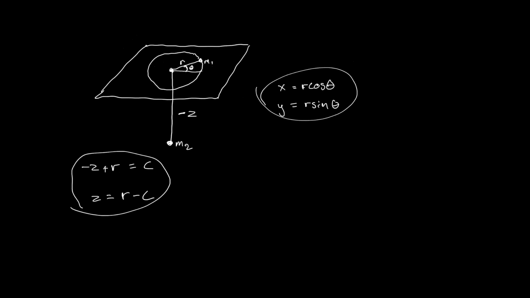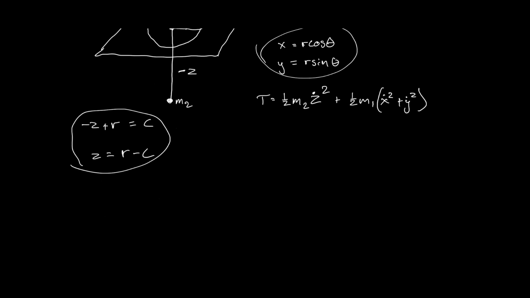And so if we're going to be doing Lagrangian stuff, we need our kinetic energy, which is 1/2 m2 z dot squared plus 1/2 m1 times x dot squared plus y dot squared.